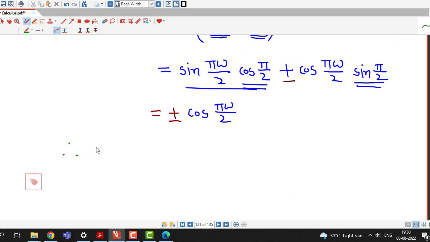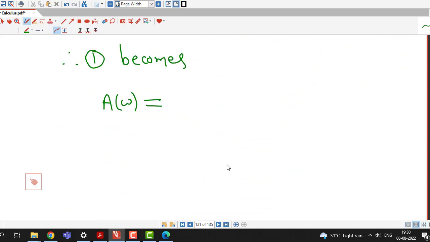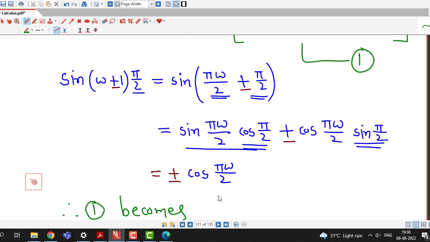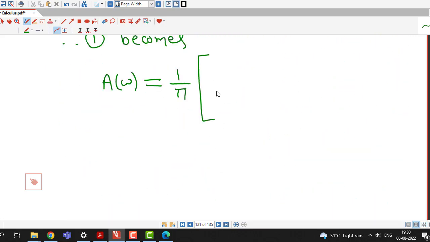So therefore 1 becomes a omega equal to 1 over pi into, in the first term I have sine of omega plus 1 times pi by 2, so for that I will put cos pi omega by 2 positive, and in the denominator I have omega plus 1.